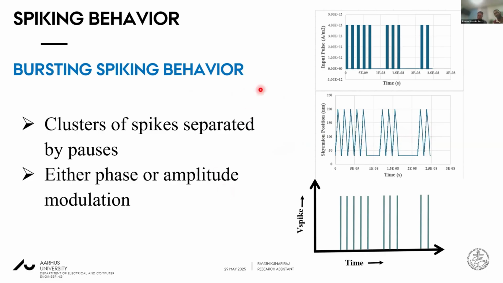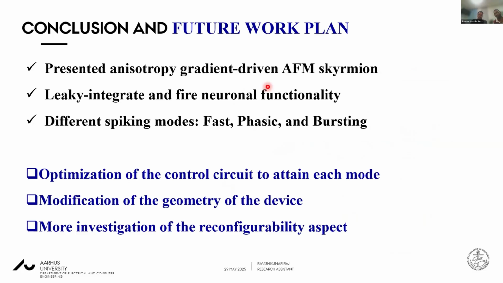This is also done by modulating both the phase and amplitude so far. To make it more variable or more dynamic, we are required to do some more analysis on these things.